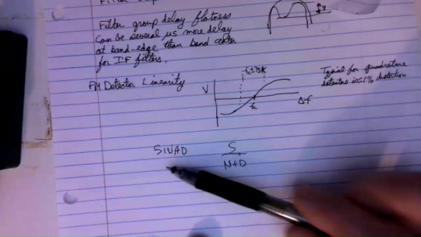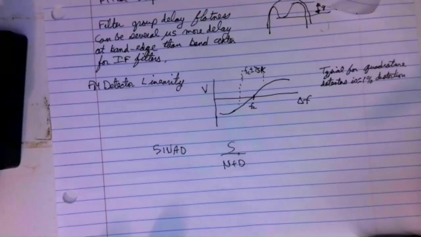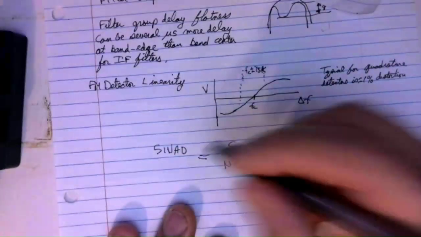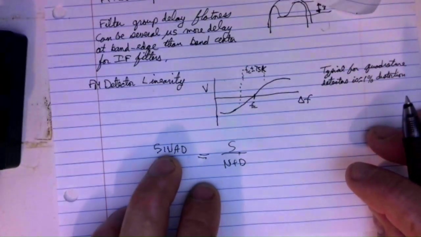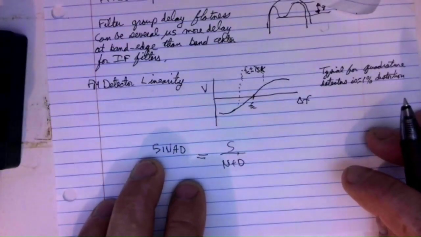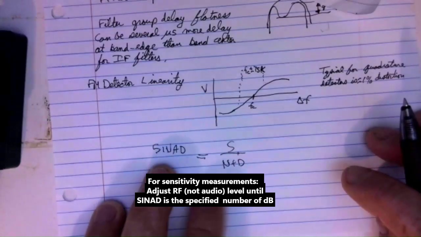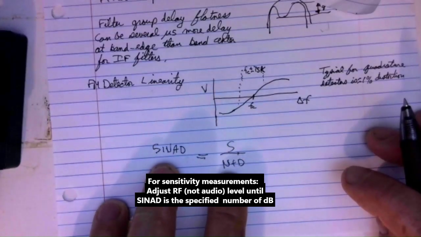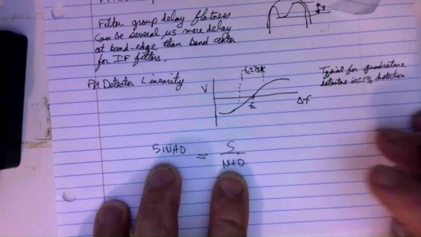So that's a spec that you'll see sometimes, like 12 dB SINAD, for instance. You adjust your audio level for 12 dB SINAD, and then that's your sensitivity. That's something that we used to see in commercial receivers.